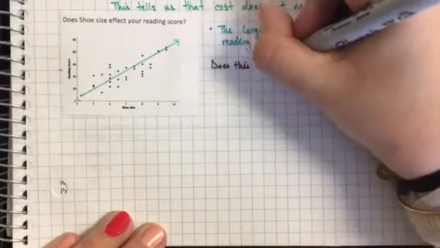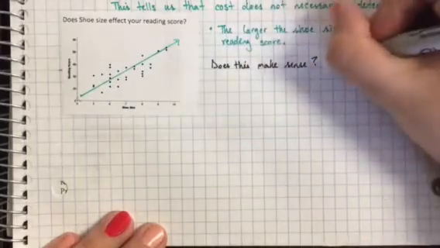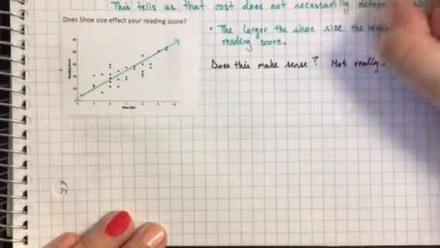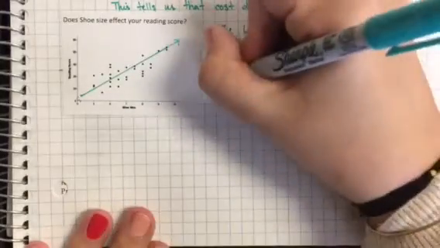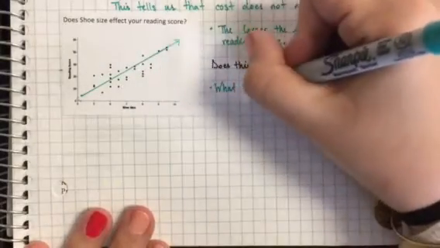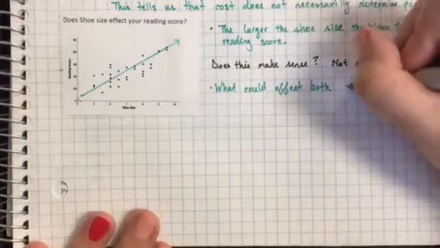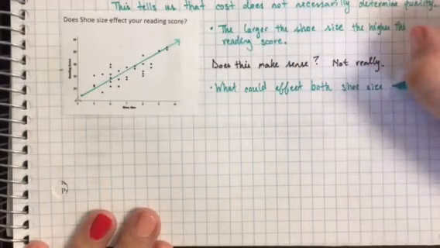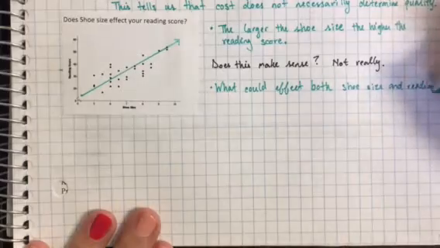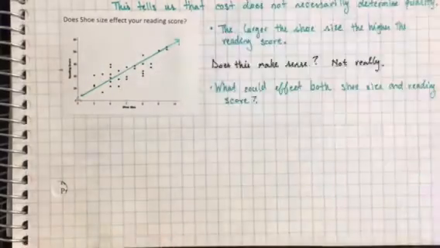So basically, if you have bigger feet, you are smarter in terms of reading. And we want to think about, does that make sense? Not really. It shouldn't matter what size your feet are when we think about how good of a reader you are. So what other outside variable could affect both the size of your shoe and your reading score?